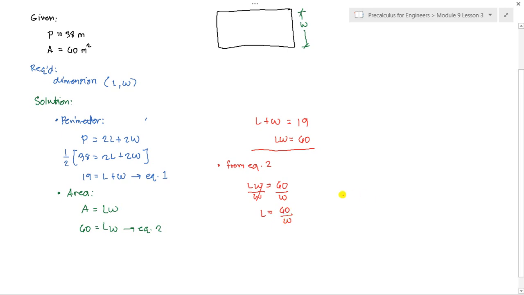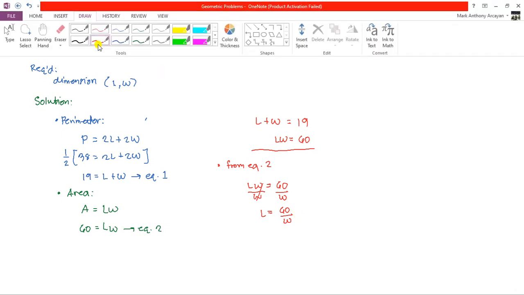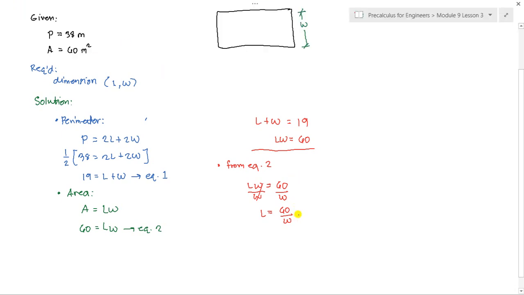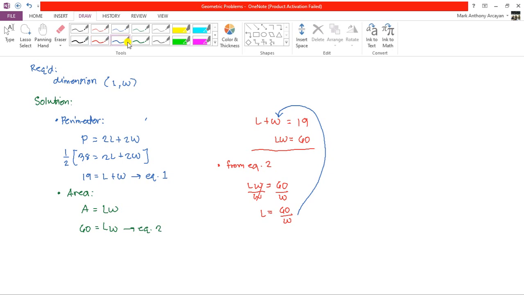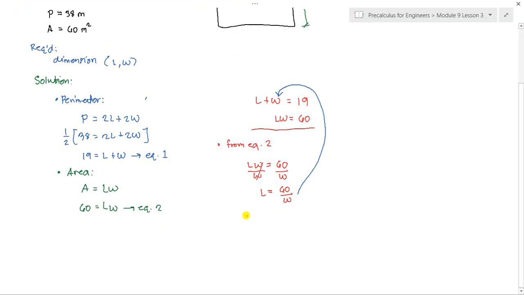If we have a value for our length in terms of w, we can use this expression to substitute into equation 1, so that equation 1 is in terms of one variable only, and then we can easily solve for it. So, let us do it. From equation 1.